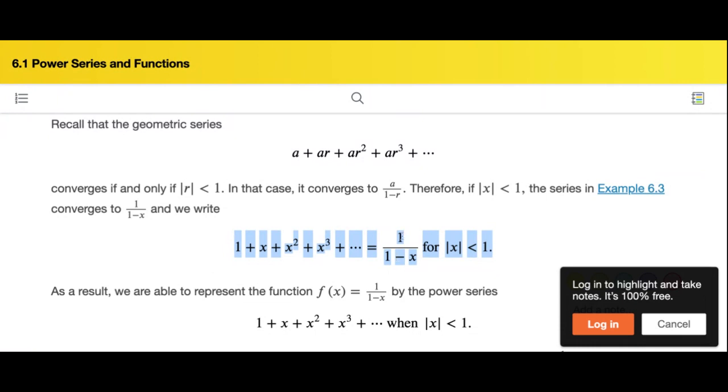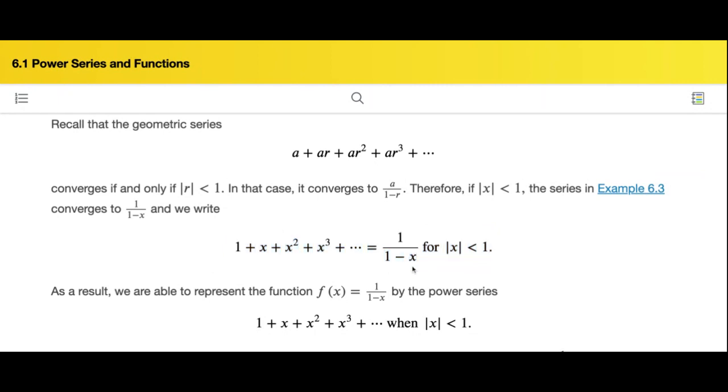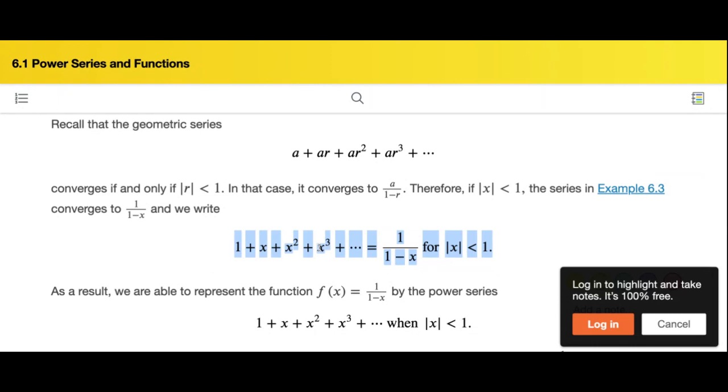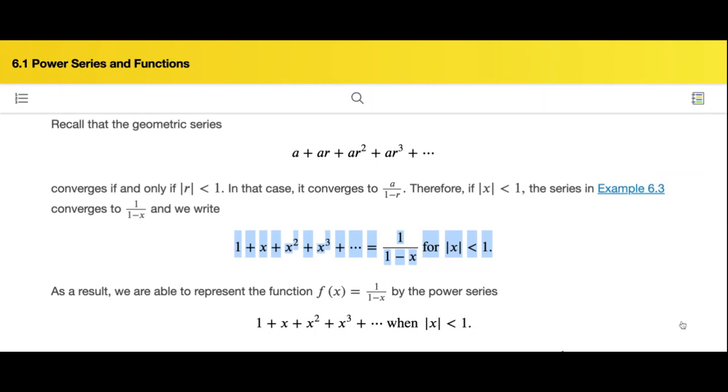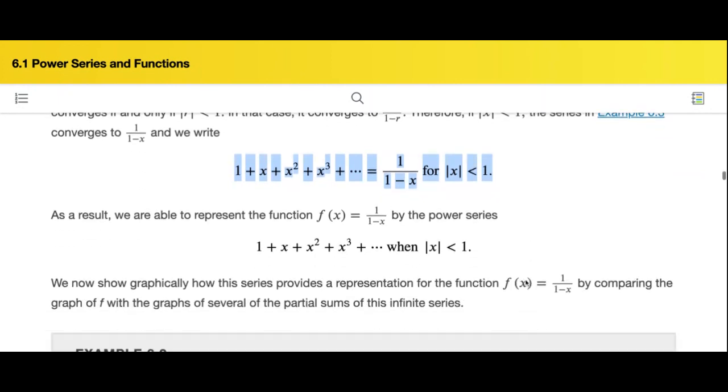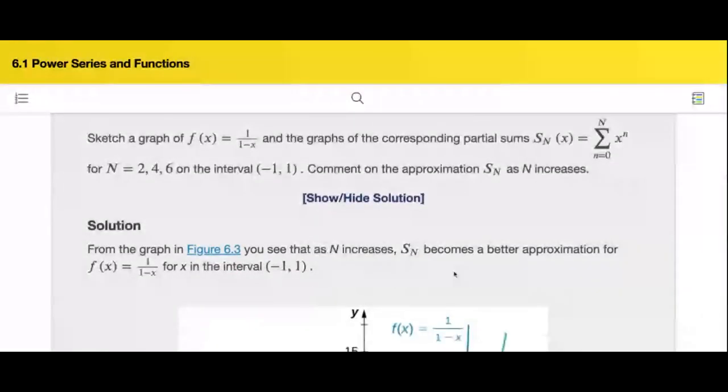It converges to the first term over 1 minus the ratio. Basically, we see this is a rational function, so the rational function 1 over 1 minus x can be represented as an infinite series. And now, of course, we can find the radius of convergence and the interval of convergence.